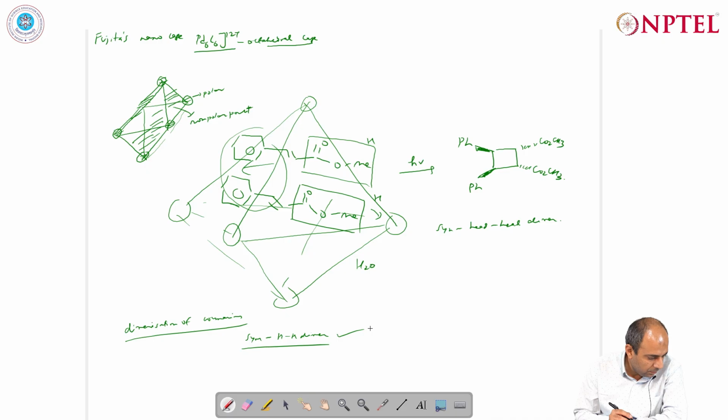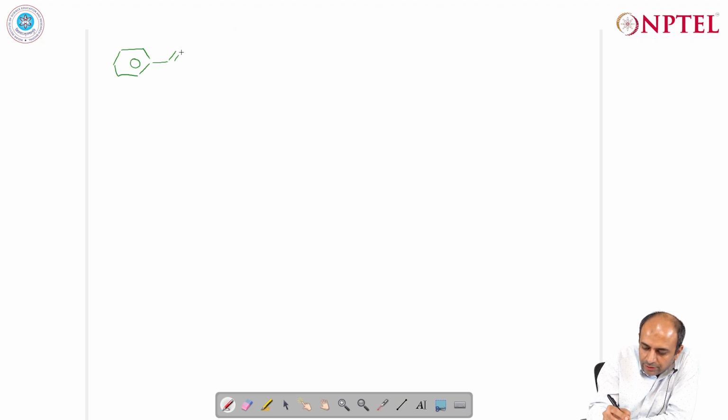So the reactions proceed in a very facile way, and now we can also look at some other applications of solid state photodimerization, where we can consider charge transfer interactions to accommodate the dimerization process.